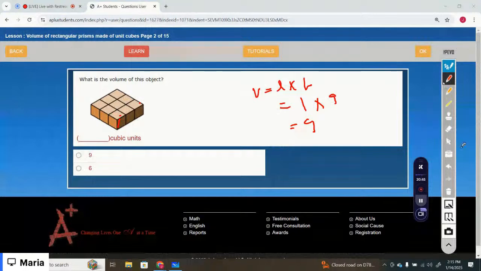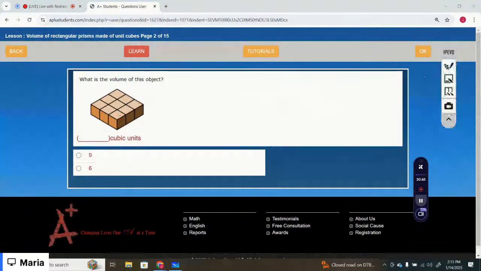That is again 9. The correct option is 9.